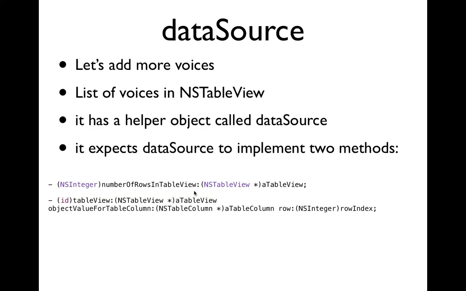We only had one column, so we used the row number as the index into the array of voices, and we were just returning different voices. So these two methods made it possible to use an array as the data source of an NSTableView by our application. Our application was kind of an agent between the actual data in the array and the view in the NSTableView.